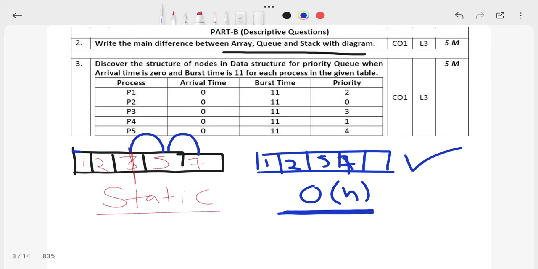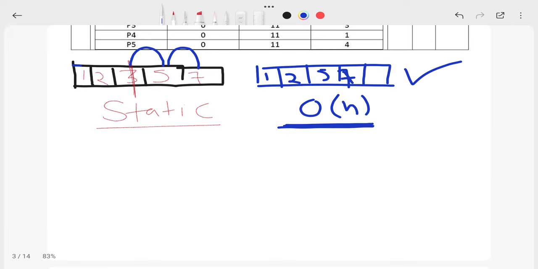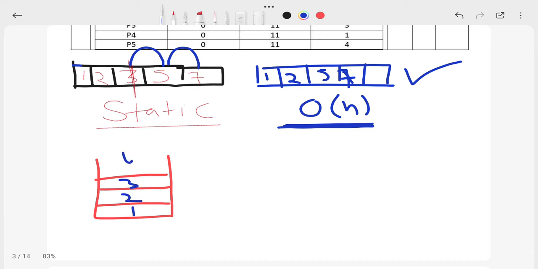But now if I am talking about the stack and queue, see here, this is a stack. Stack means I am using LIFO. This is my first element, second element, third element, fourth element.